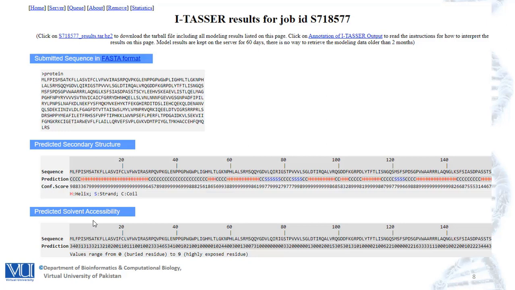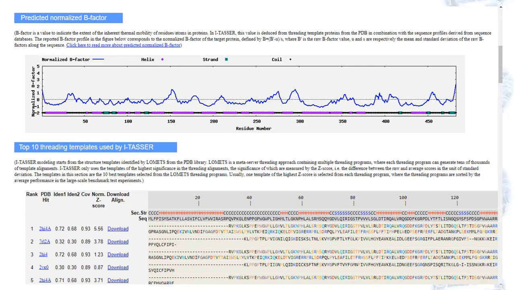So at this point, you can have an idea about the localization of your amino acids in your protein structure. Under the heading of predicted normalized B factor, you can find out which of your amino acid residues at which positions are more flexible and which are non-flexible.